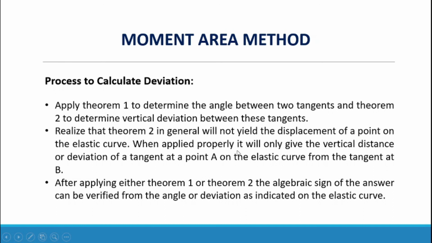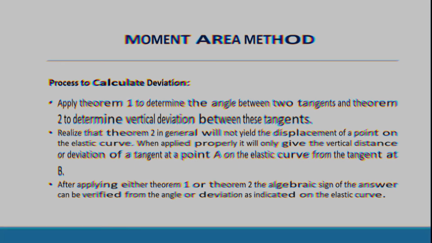When applied properly, it will only give the vertical distance or deviation of a tangent at a point A on the elastic curve from the tangent at B. Then, after applying either Theorem 1 or Theorem 2, the algebraic sign of the answer can be verified from the angle or deviation as indicated on the elastic curve. So this is the process to find the value for deviation.